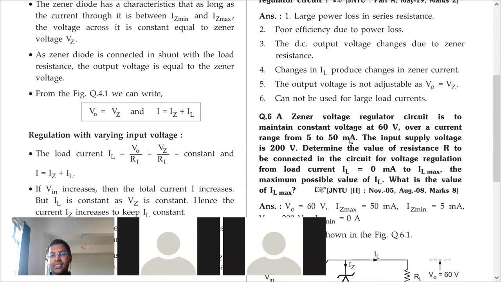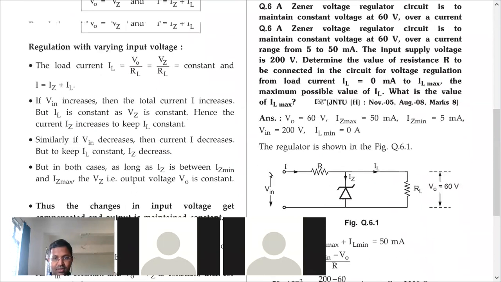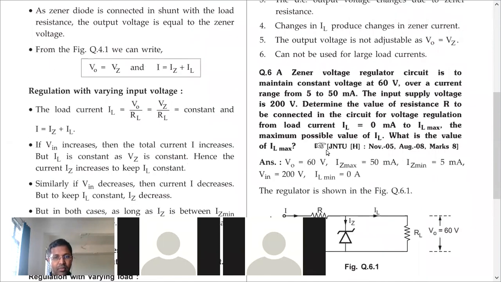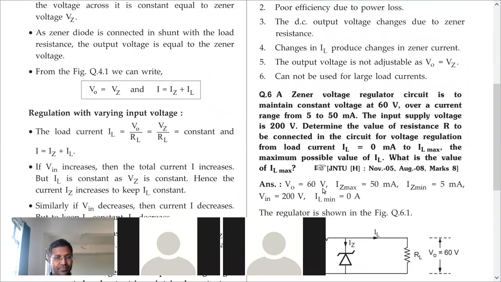Next, the input supply voltage is 200 volts. So 200 volts is Vin. Determine the value of resistor R. They are asking to find R. Next, what else are they asking? Find R to connect in the circuit for voltage regulation from load current IL 0 to IL max.